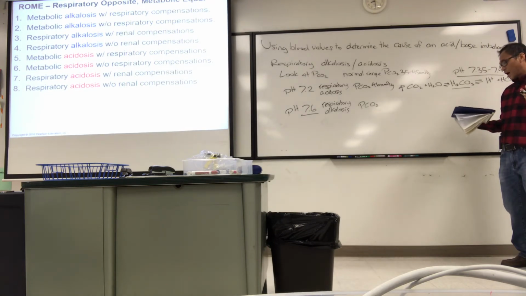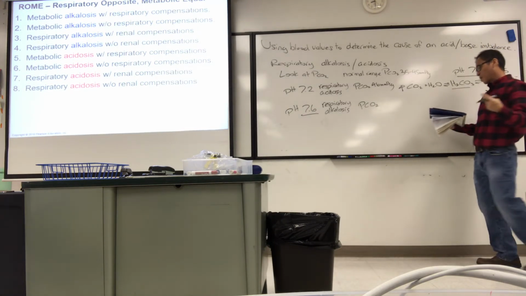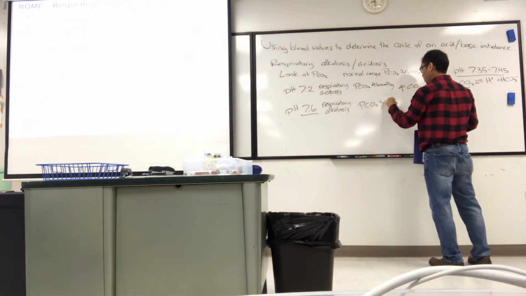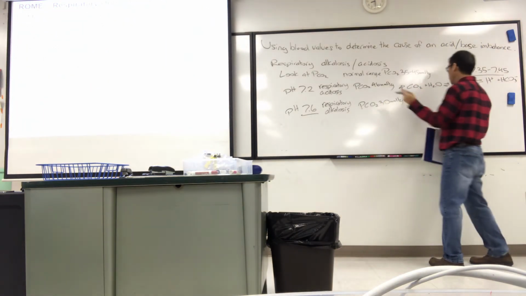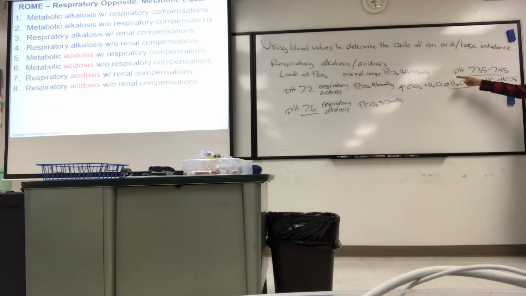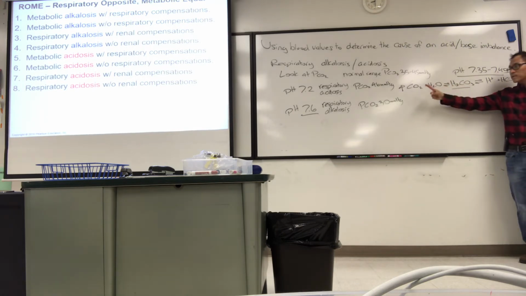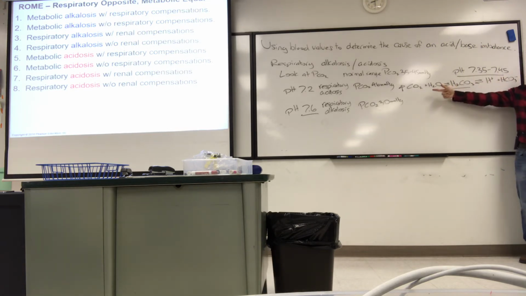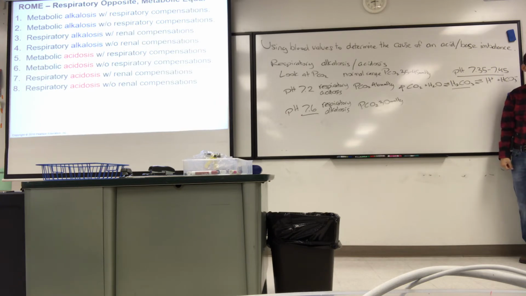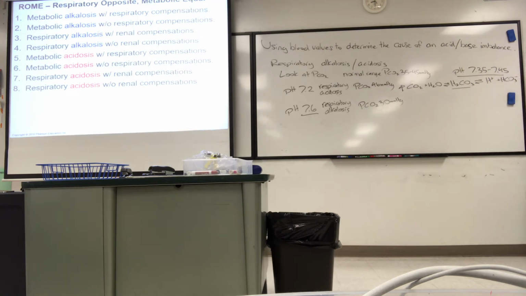If pH is too high, PCO2 is too low, maybe, let's say 30. I just chose a value that was below the normal range. Okay, that's too low. So, the rules of chemistry is, if this is too low, you push the equation the other way. So you get rid of your acid, and that'll drive the pH up. Okay, so these are the things you have to keep in your mind when you try to make these types of analyses. And well, it's not that hard.